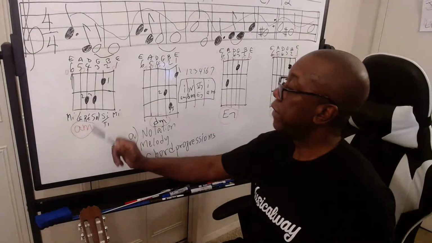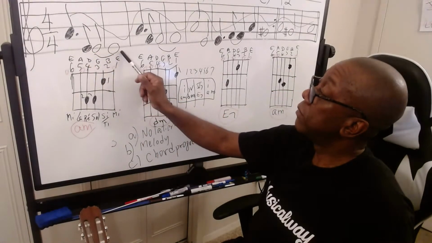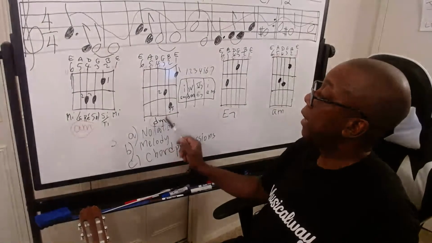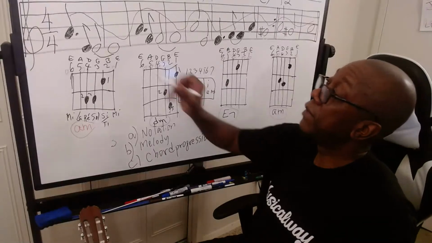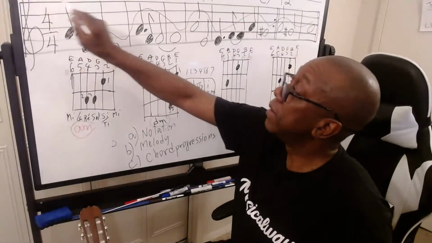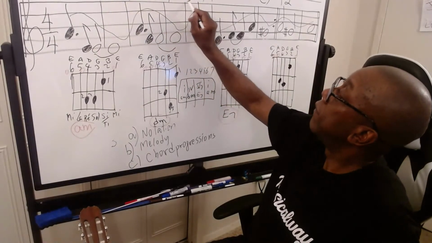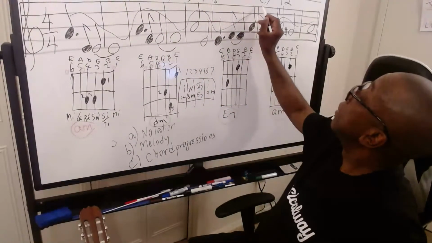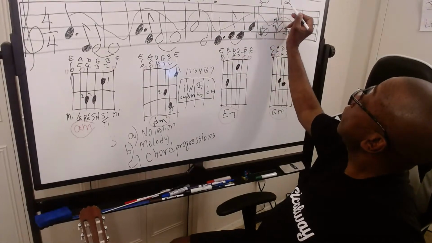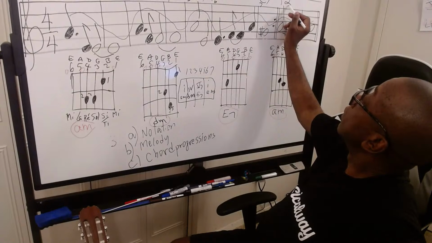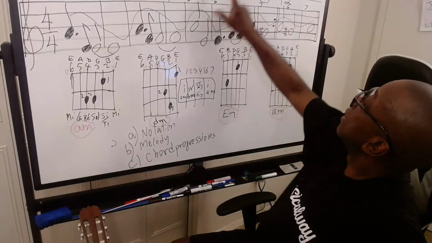So we have the A minor that covers 2 measures, 8 beats. D minor that covers a measure. Well, I like to do that too. Number of measures: 1, 2, 3, 4, 5, 6, 7, and I'll call it 6, 7 because it replaces this.